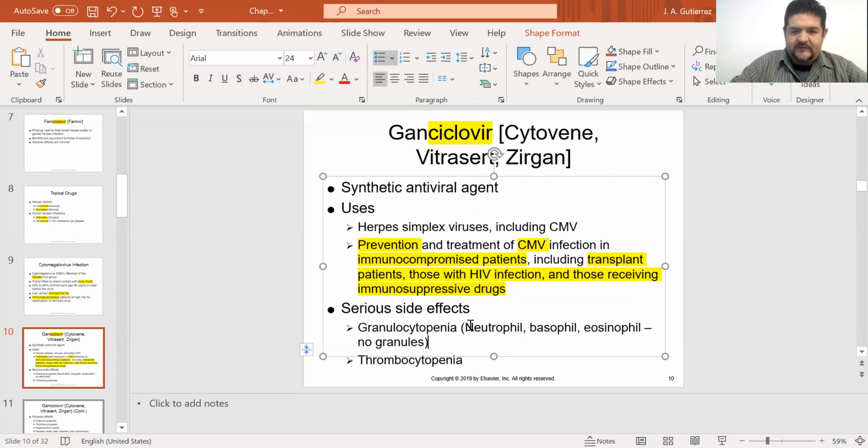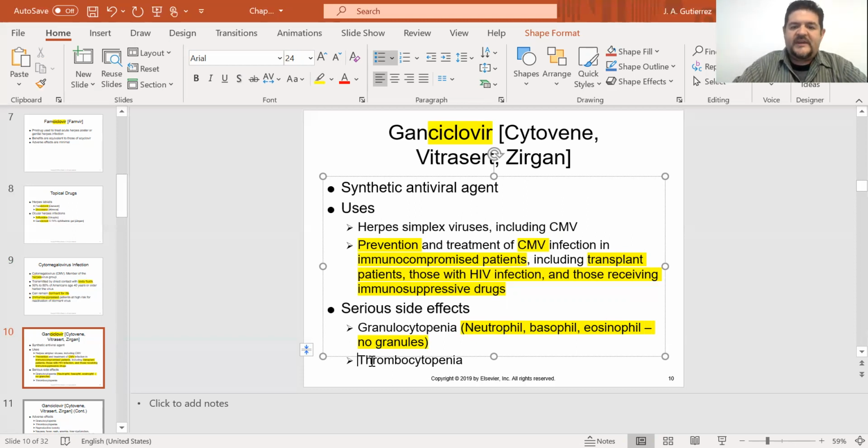These three cells, part of the white blood cell family, need those granules because inside those granules are chemicals that they use to fight infections. So with ganciclovir, it's gonna take those granules away. The bone marrow will continue making those cells, but without granules. So the neutrophil, basophil, and eosinophil will not be mature enough to fight a disease.